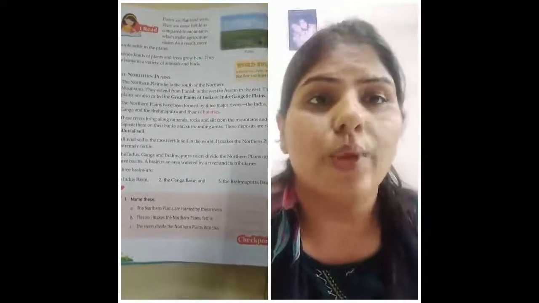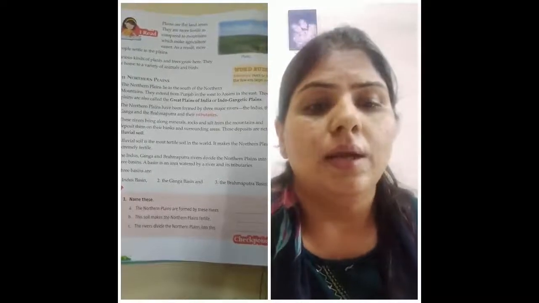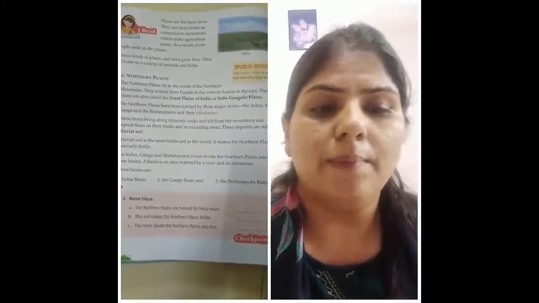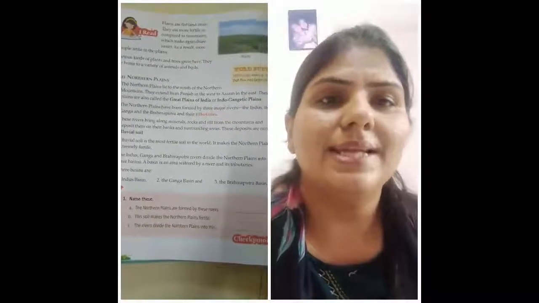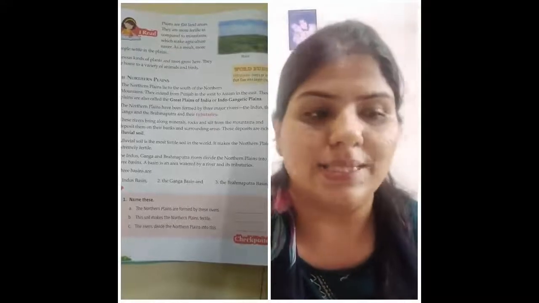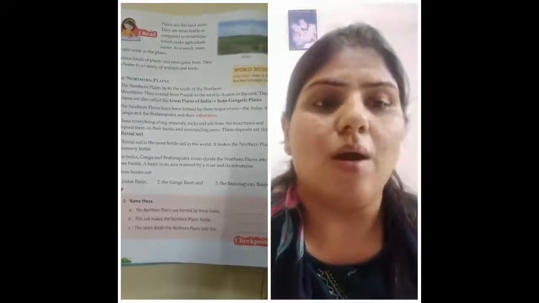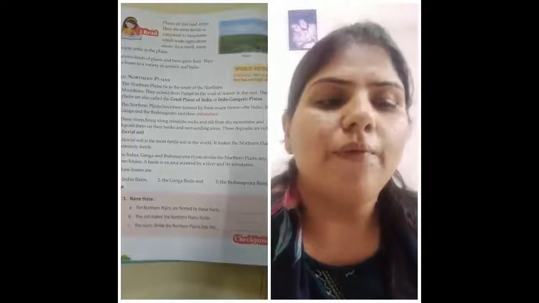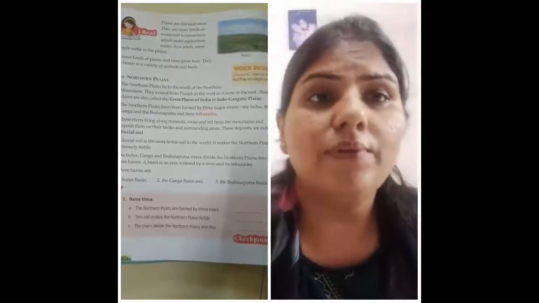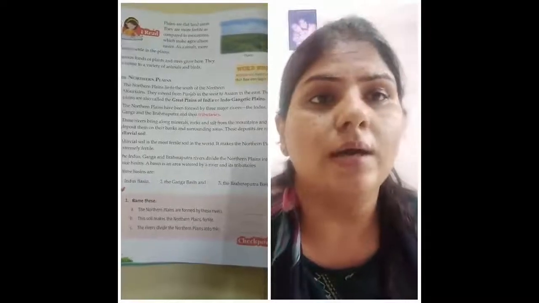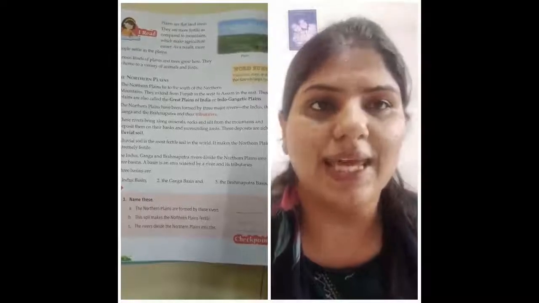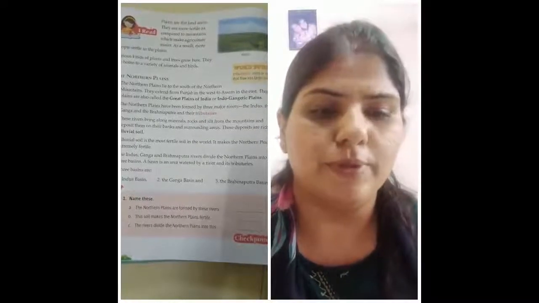So students, we can see here that the northern plains lie to the south of the northern mountains and they extend from Punjab in the west to Assam in the east. These plains are called the Great Plains of India or Indo-Gangetic Plains. The rivers flowing here are the river Indus, the river Ganga and the river Brahmaputra.